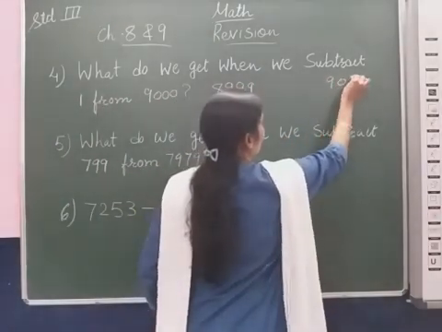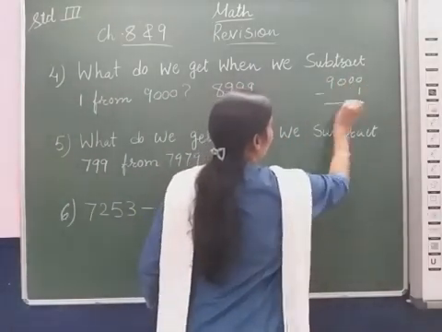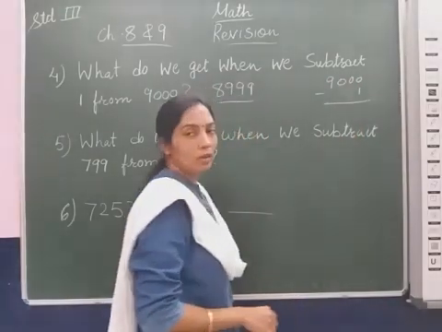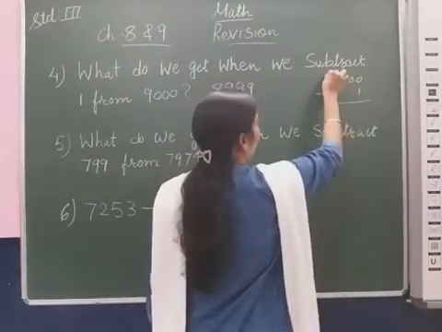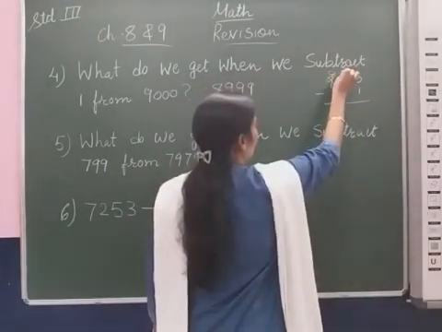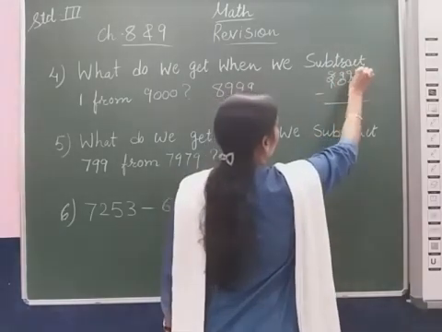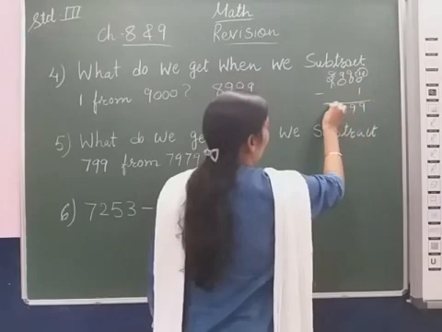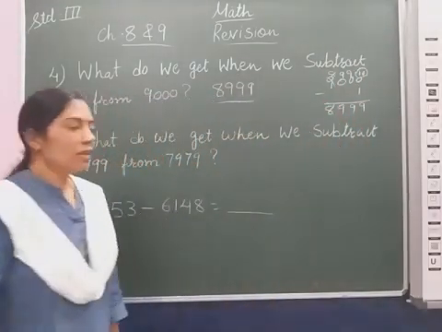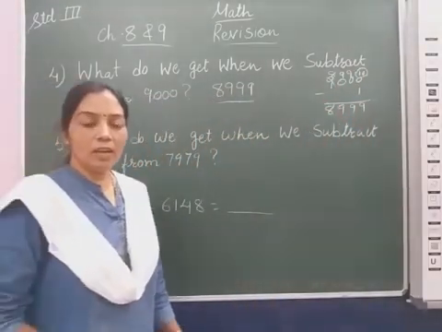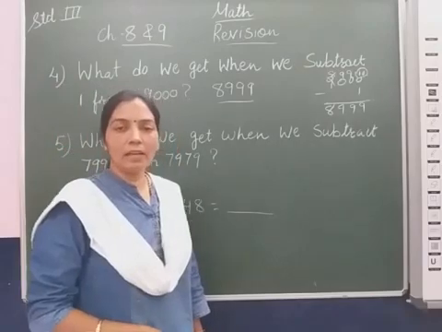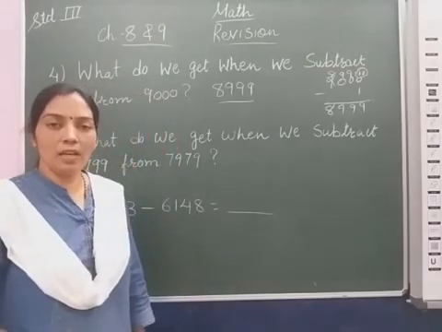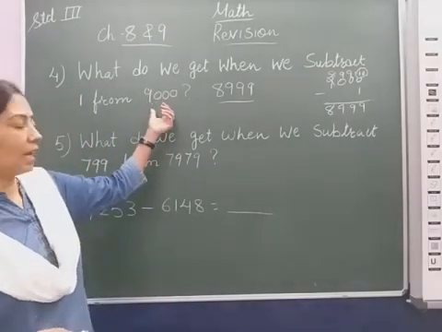See, 9,000 minus 1. 0 minus 1 is not possible, so we borrow from the 1000 place. And so 10 minus 1 is 9, 9, 9, 8. Yes, so we can also say that 8,999 is the predecessor of 9,000.